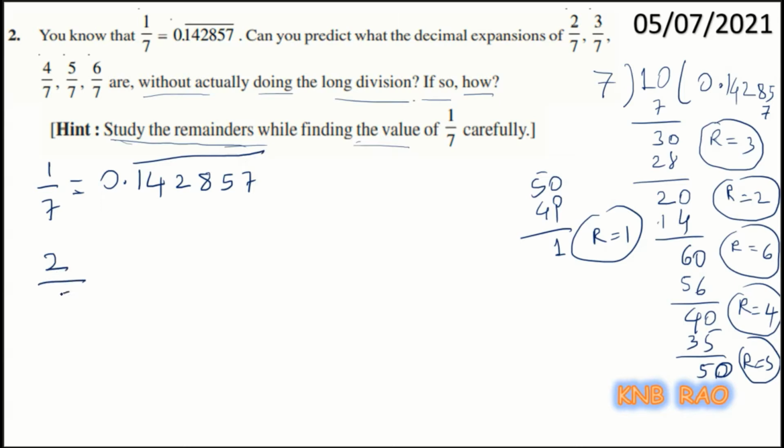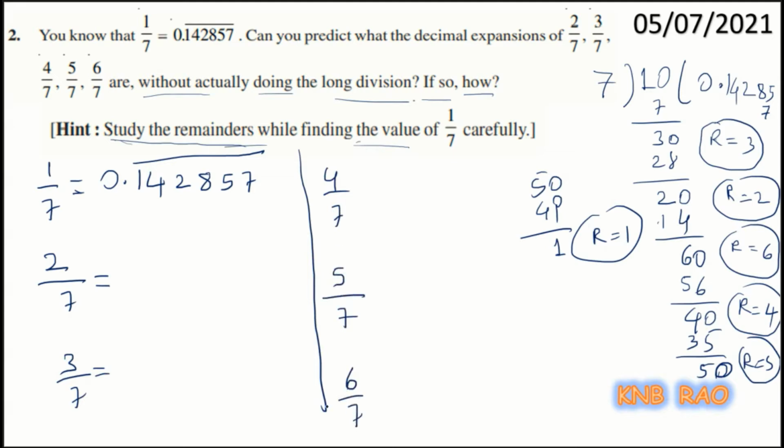Now, what is the value of 2 by 7? What would be the value of 3 by 7? And what would be the value of 4 by 7, 5 by 7 and 6 by 7? Without actual division, can we guess?